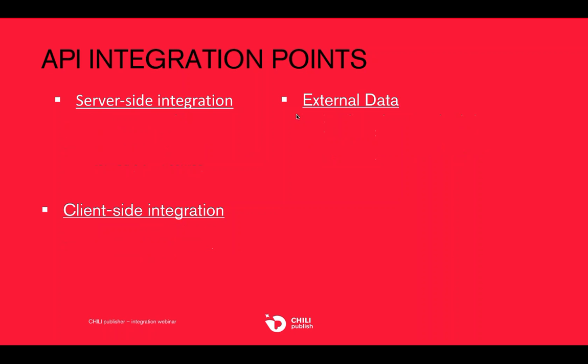Now, of these integration points, server-side integration, that's done via web service calls and SOAP. It's not a RESTful API, it's a SOAP API, and we can deliver those messages to our server-side integration. Client-side integration, that's going to be done via JavaScript. And so if we have an active editor open, that editor.js element, we can now drive JavaScript calls to the editor to force it to do particular things.